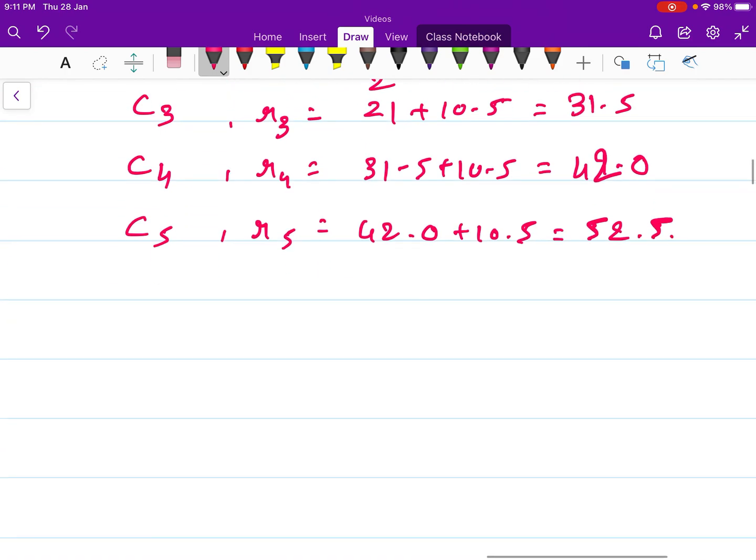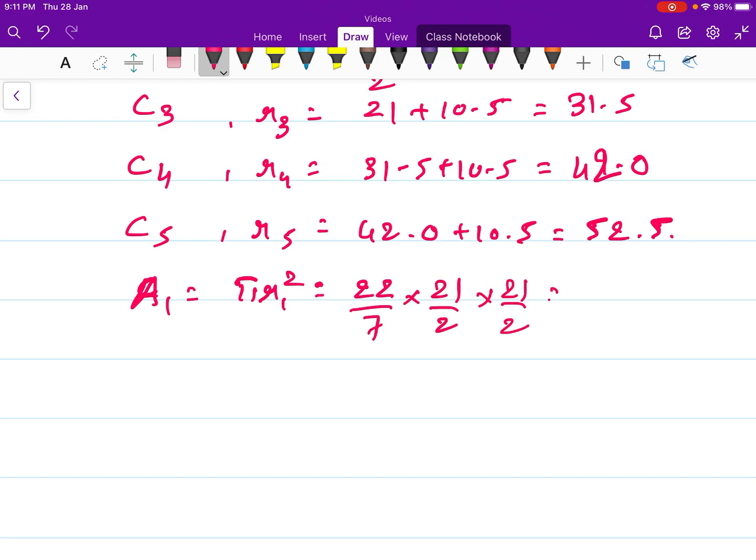Now let us find the area. Area 1 is equal to pi r1 square, which is 22 upon 7 into 21 upon 2 into 21 upon 2, which is equal to 346.5 centimeter square when you solve this.